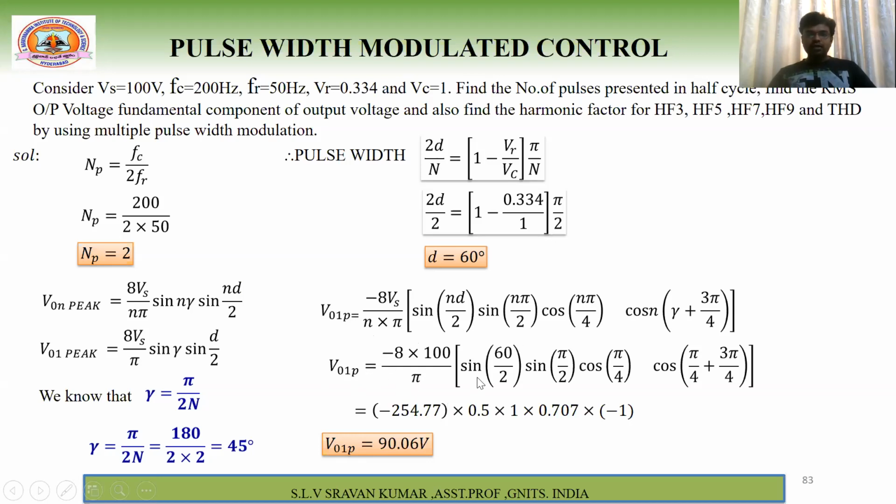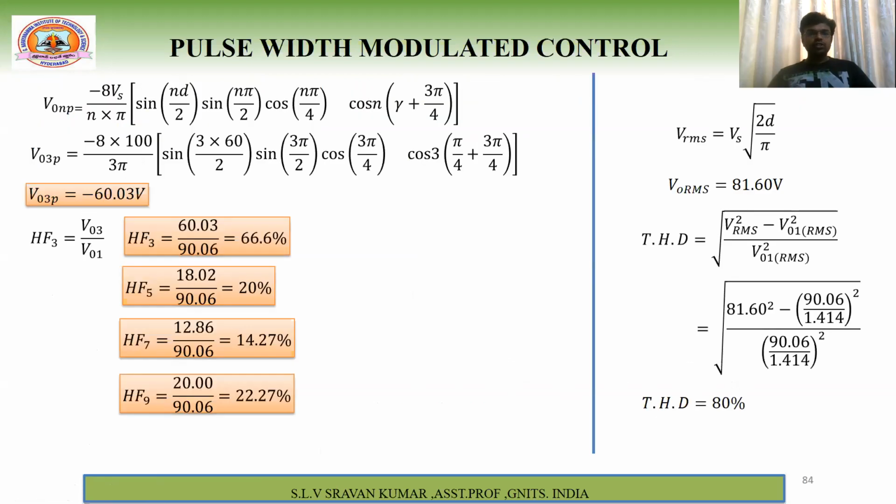So sin of nd by 2, with n equal to 1, D is 60 divided by 2, and sin pi by 2, and again cos pi by 4. Cos of gamma, which is 45 degrees, you can write it as pi by 4 plus 3 pi by 4. So V01 peak is equal to 90.06. This is the fundamental output voltage.